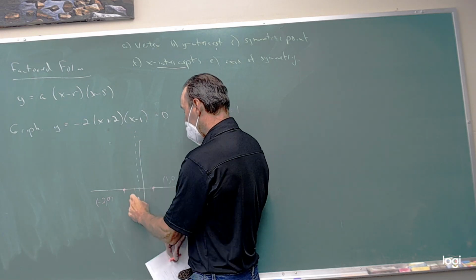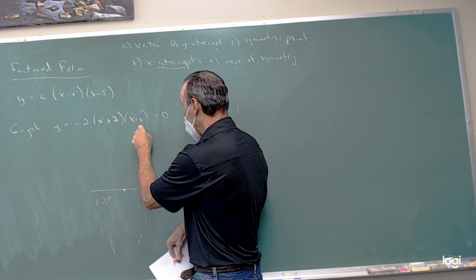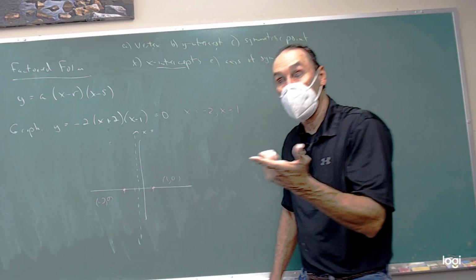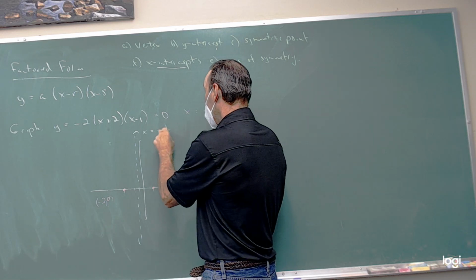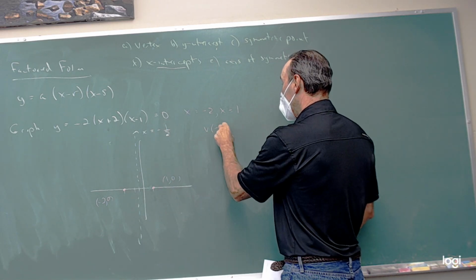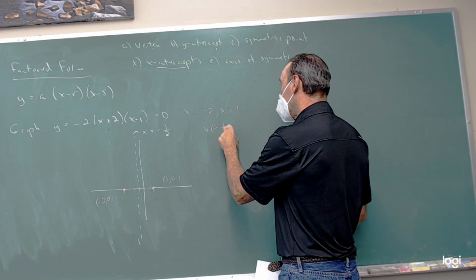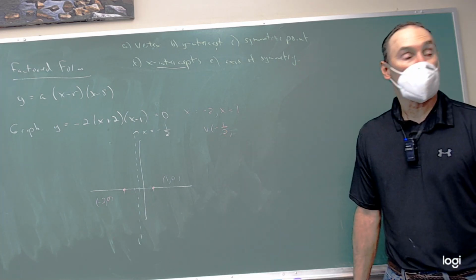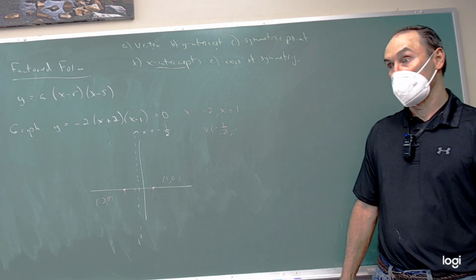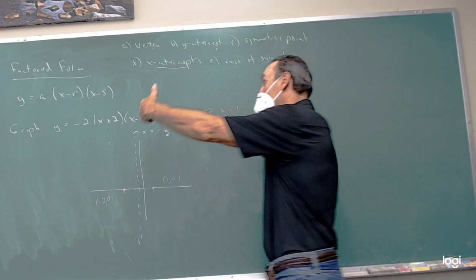So here is our axis of symmetry. That is going to be x equals, what's that number? Negative 1/2. See it? Now that is also going to be the x-coordinate for our vertex. Our vertex has to lie on the axis of symmetry. Does that make sense? So now we have to plug it in to get the y-coordinate.